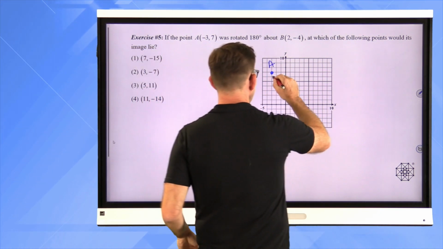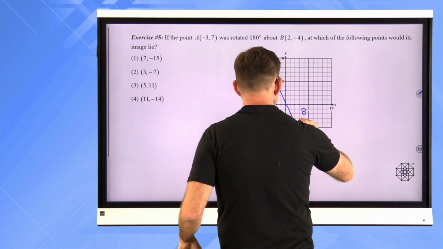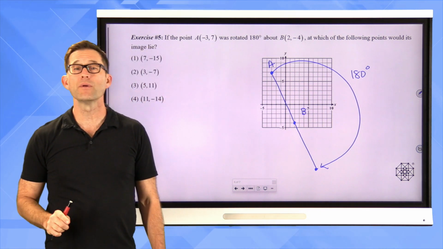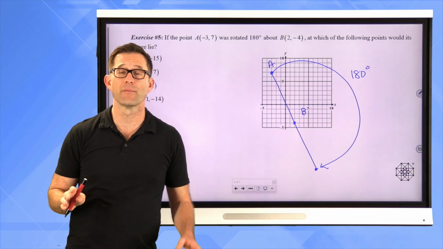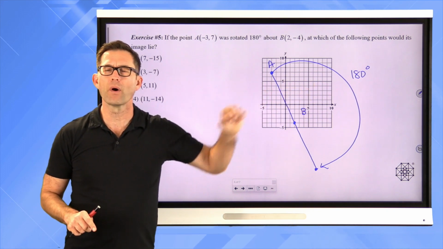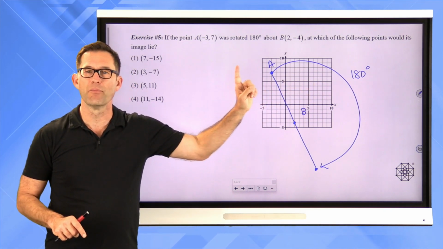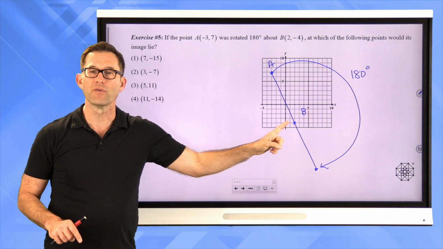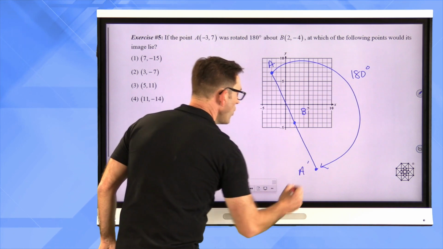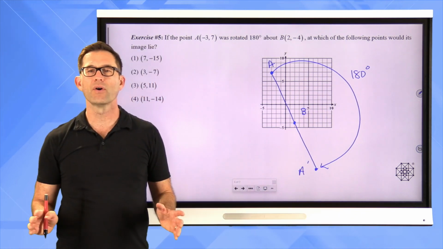So literally, if I want to think about that, I want to take this thing and rotate it by 180 degrees. Now this problem would be much harder if we had something like, let's say, a 90-degree rotation. But the cool thing about a 180-degree rotation is that the point, the center of rotation, and the image point are all collinear, right? They're all collinear.